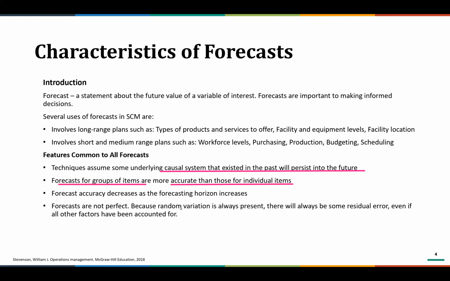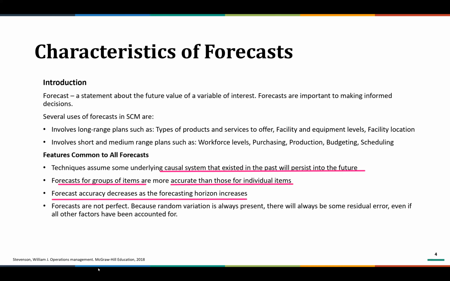The more specific the items you are forecasting, the less accurate you will be. If you want to forecast, try to find a group of items, which will be more accurate compared to individual items.